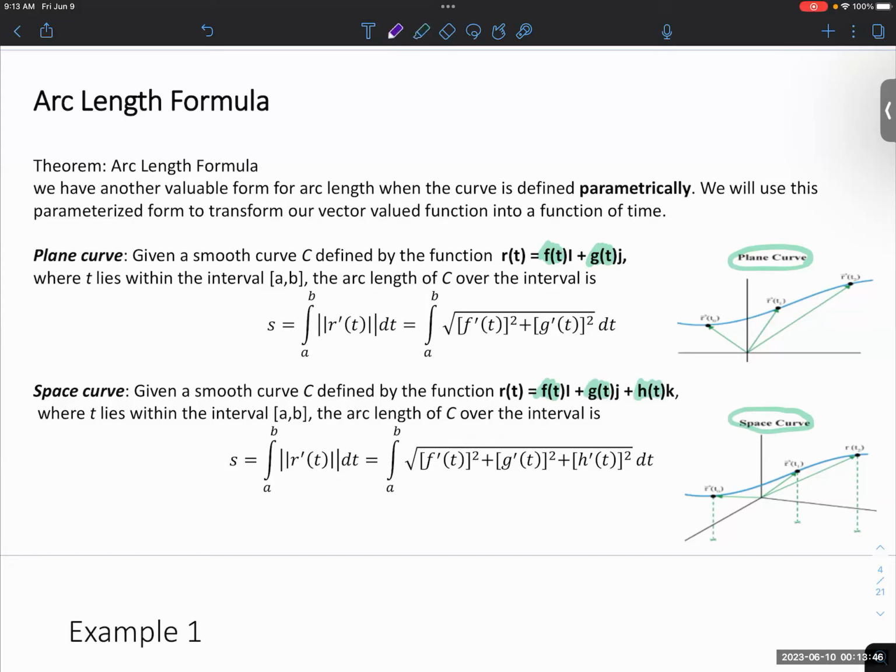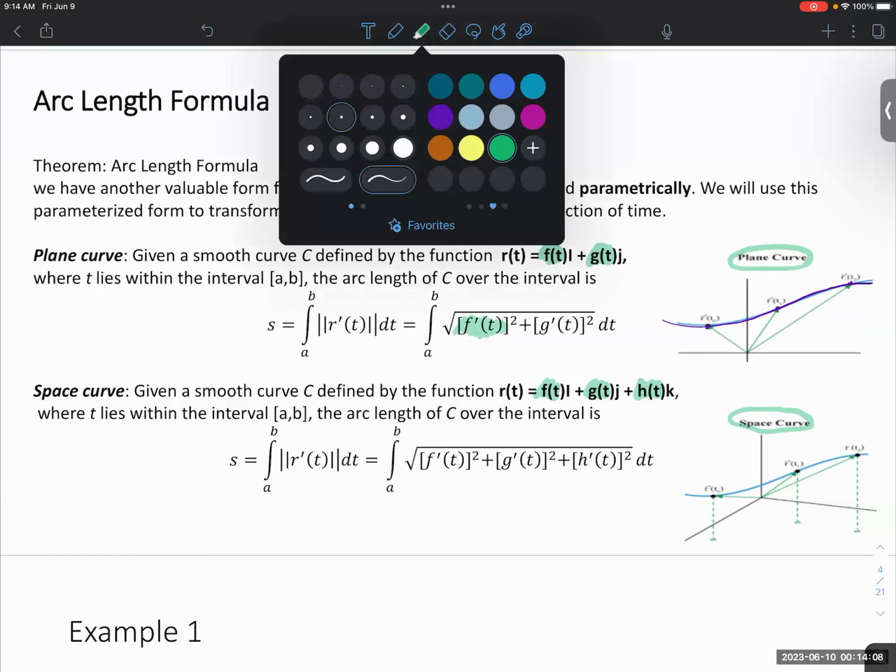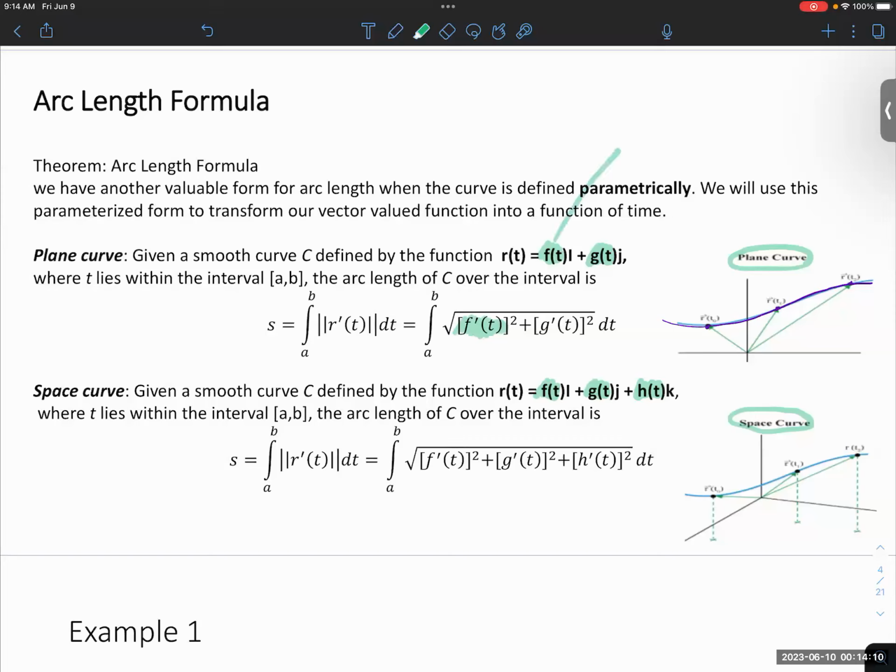We know what a plane curve looks like. You have each point from x and y, and then you collect all the points, and they create a curve. How would you find the length of this curve? You can take the derivative of each component, because if you remember, a plane curve is a vector valued function.